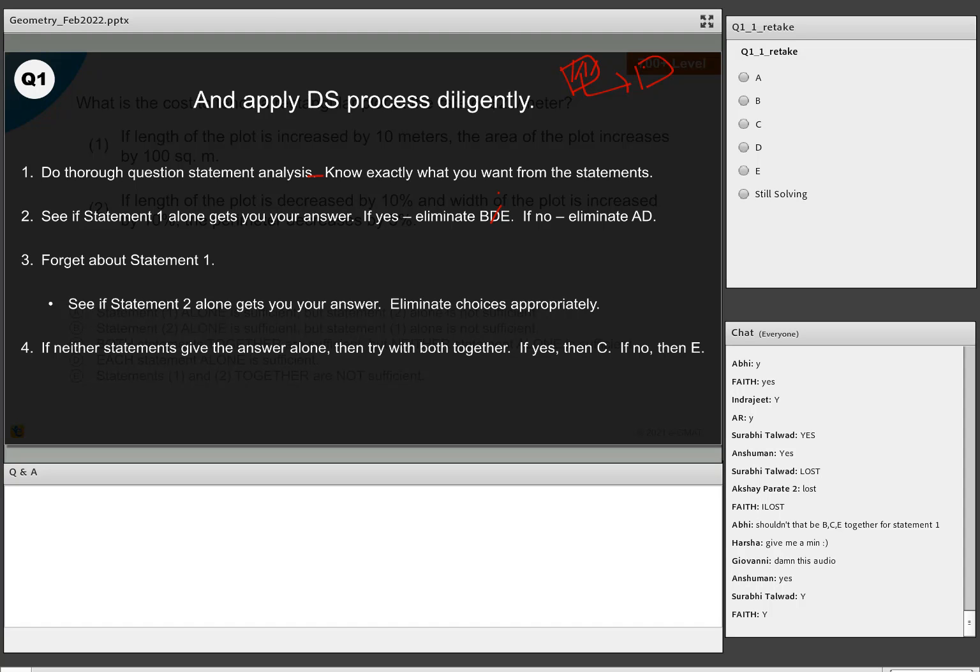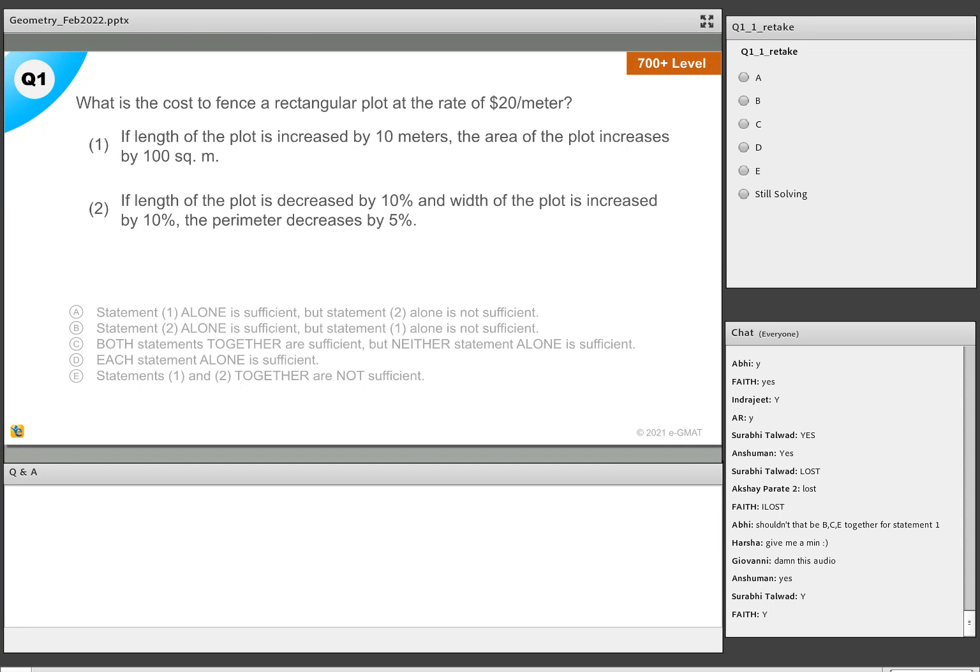If statement 1 directly gives you the correct answer, then you can eliminate options B, D, and E. Actually, B, C, and E should be, right? We're going to see this in action anyway, so I think we'll just go to this directly. We want to see this directly in practice, so let's do that rather than get confused here.